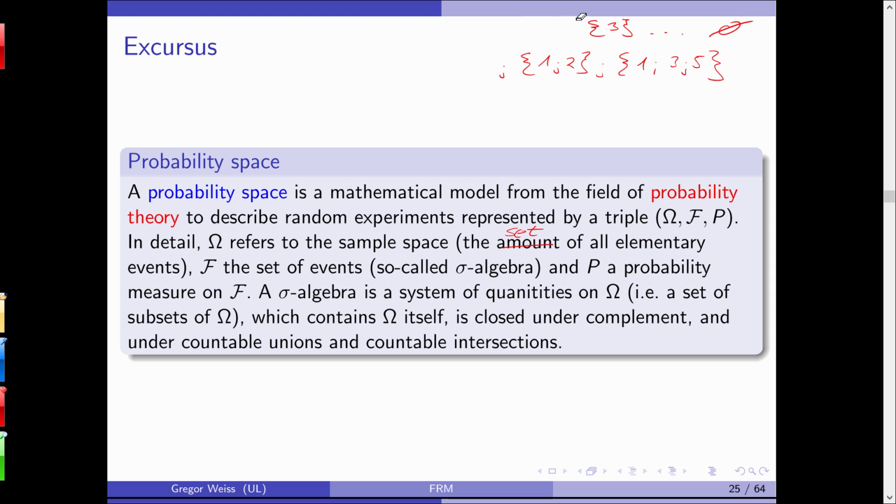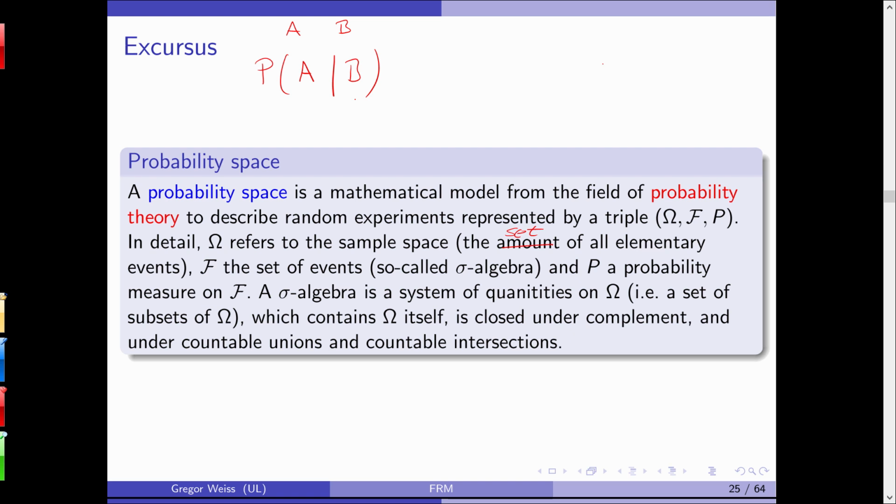Now, a conditional probability: say you have sets A and B. What is the conditional probability of A given B? B is known.